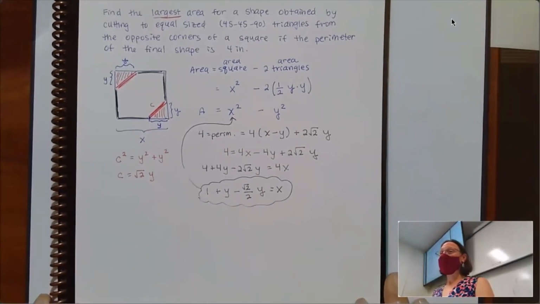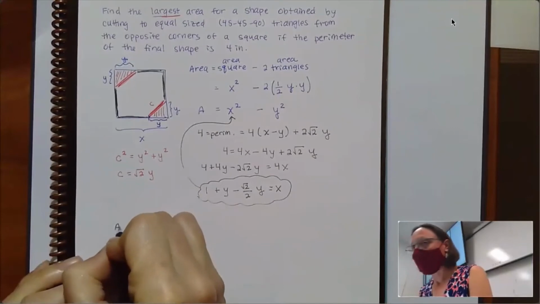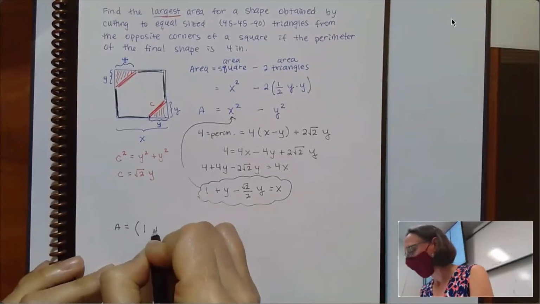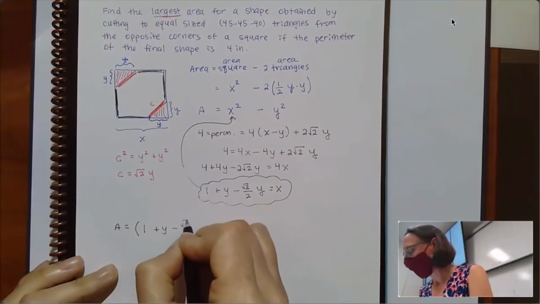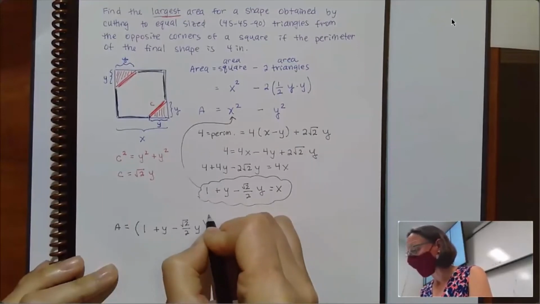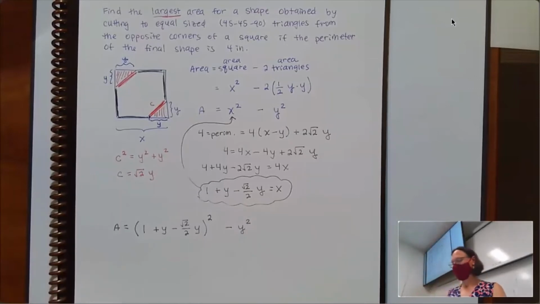Which means that the area function that I would be trying to optimize here is that my area is equal to 1 plus y minus square root of 2 over 2 y squared, minus y squared. Once we have an equation, we can take a derivative, set it equal to 0, hope life works out.